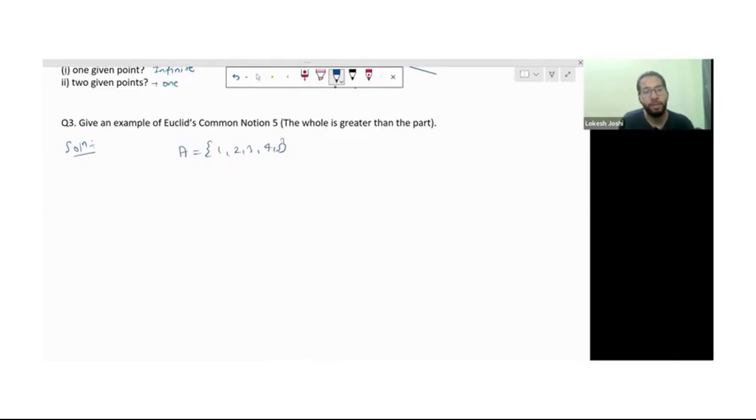This is a collection of 5 numbers, and if I say B is only 2, can you tell me which has more numbers, A or B? We can say A has more numbers than B. A has 5 numbers, but B has only one number, which is 2. So this is the example of Euclid's common notion 5, the whole is greater than the part.